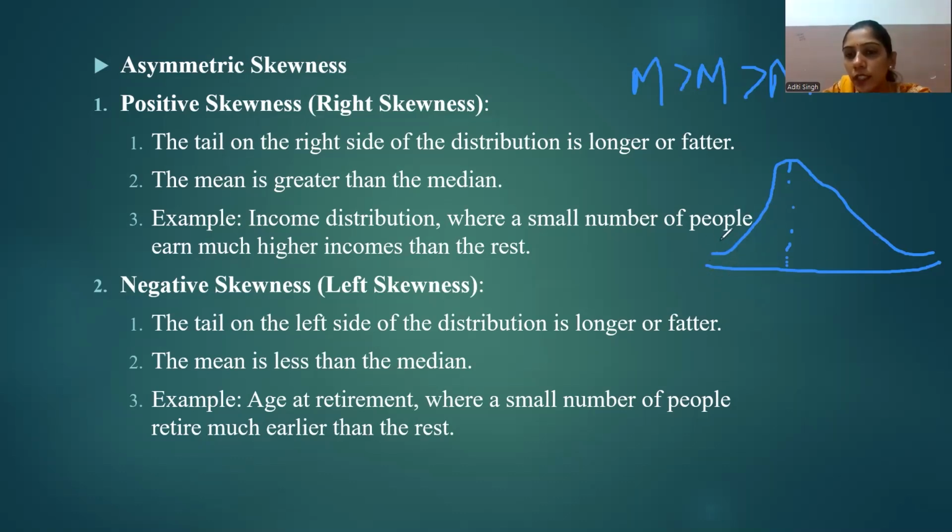As you can see in this frequency distribution curve, the value of mean is greater than median, and the value of median is greater than the value of mode. That's why it is positively skewed, and it is a part of asymmetric skewness.